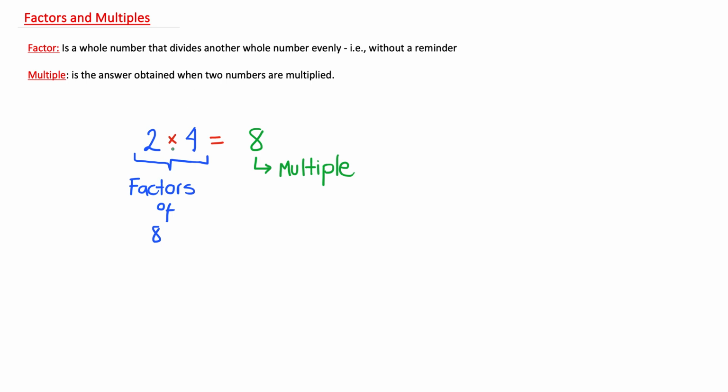If we're thinking now of multiples, I can ask you what the multiples of 2 are. So 8 is a multiple of 2. It is also a multiple of 4, because you can multiply a whole number, 4, by 2 and you get 8.